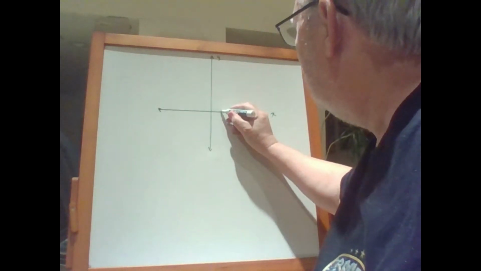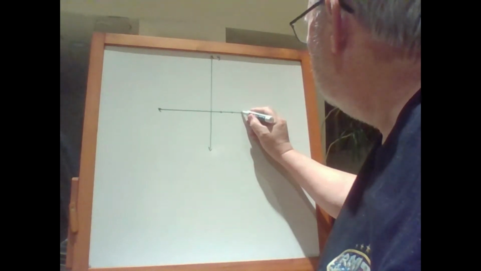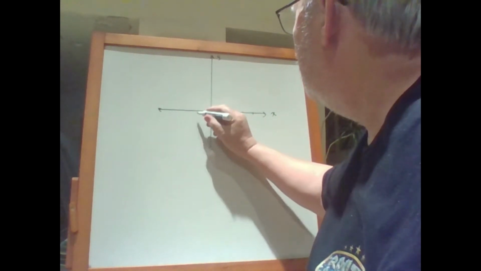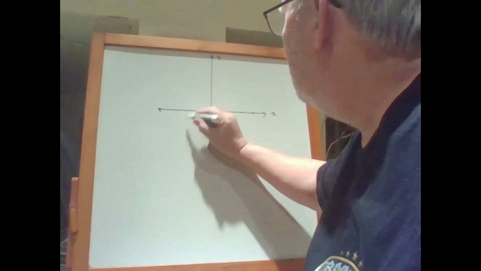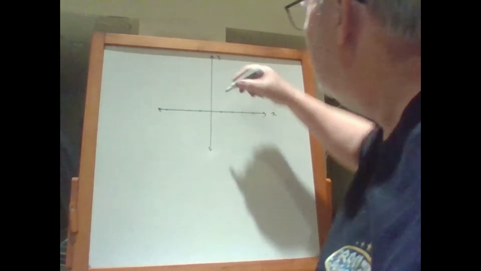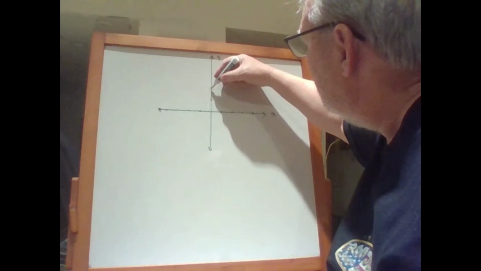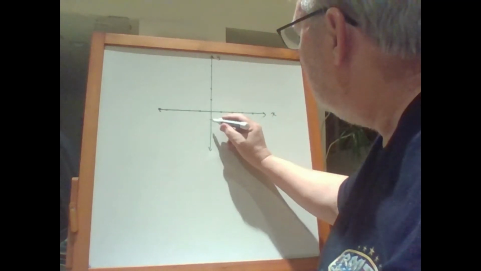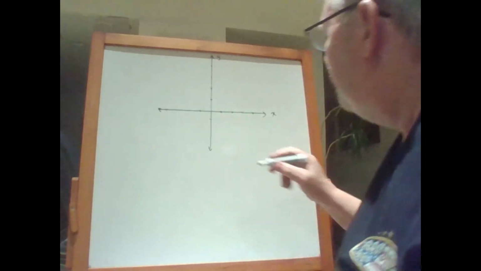And we got 1, 2, 3, 4, 1, 2, 3, 4, 1, 2, 3, 4. Whoops.